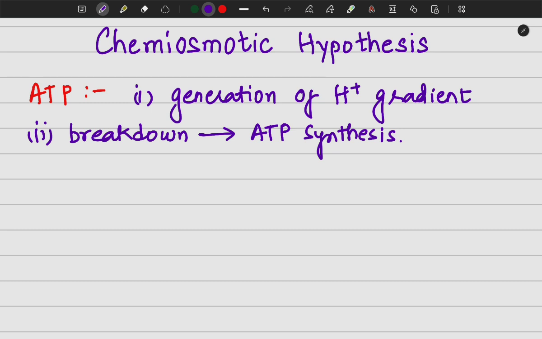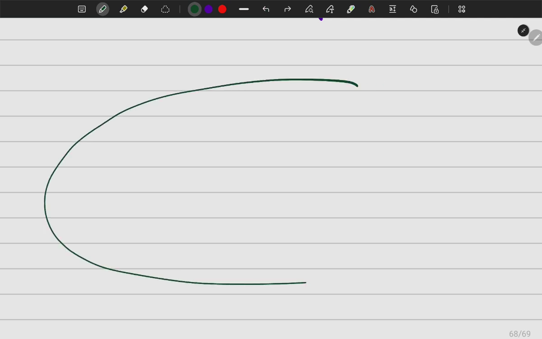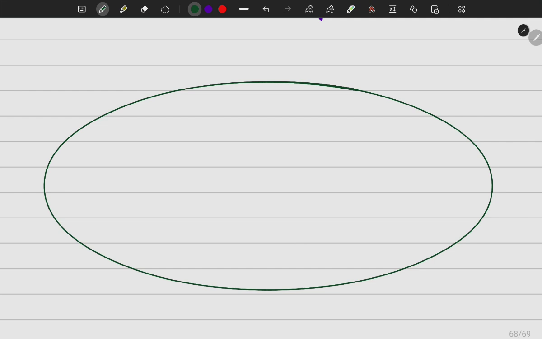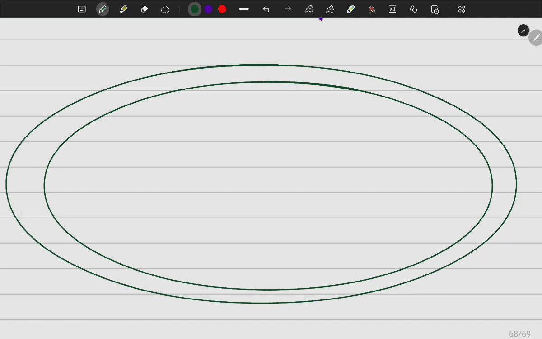So let us understand it in detail with the help of the diagram. So let me draw a thylakoid. So this is a thylakoid.